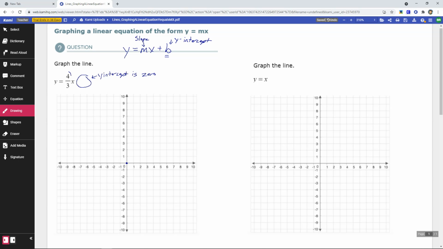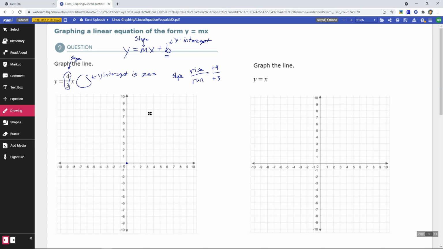The slope is 4/3, and remember that slope is rise over run. Okay, so because 4/3 is positive, we know that we are going to rise +4 and then run, go in the horizontal direction, +3.